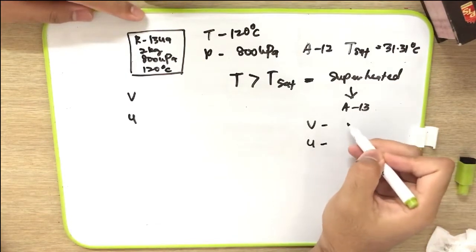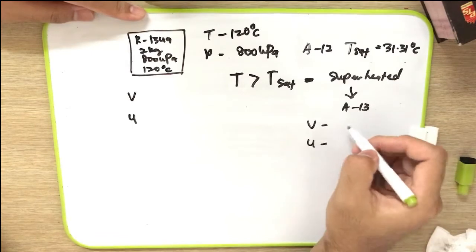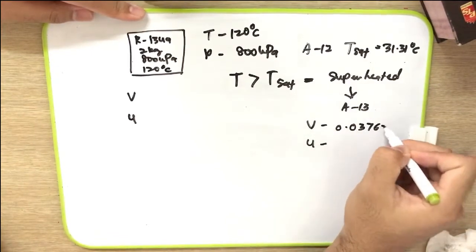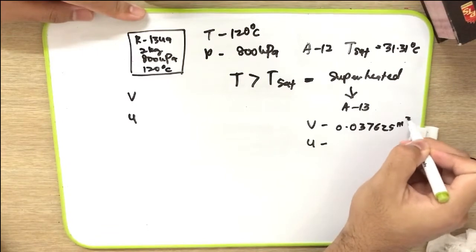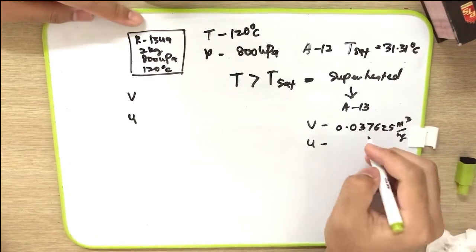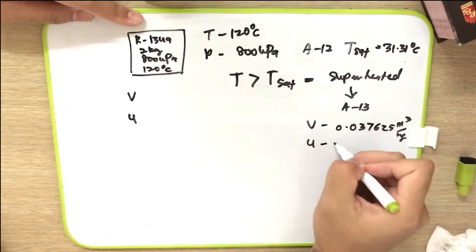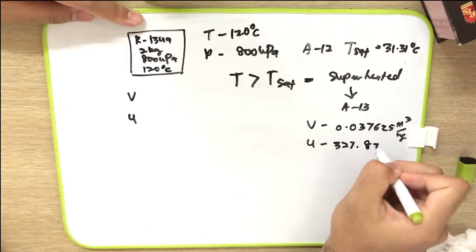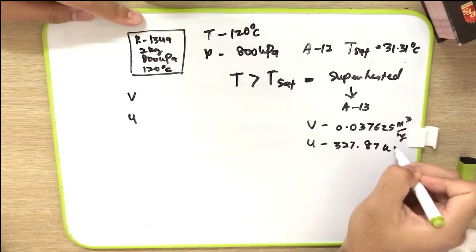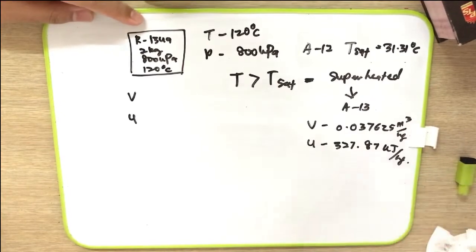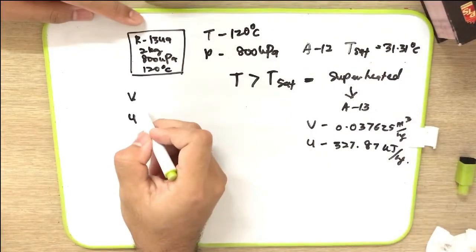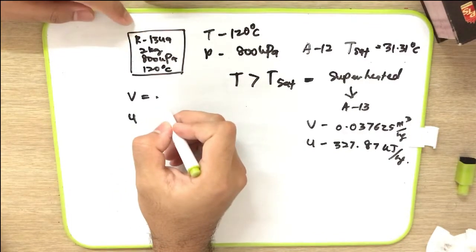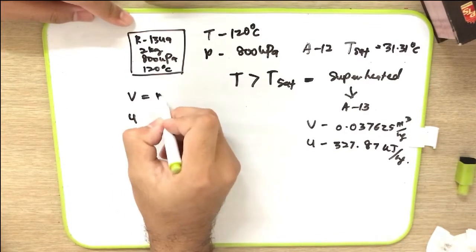So from table A13, specific volume is 0.037625 meter cube per kg. For specific internal energy, it is 327.87 kilojoule per kg. In order to find the volume and also the total energy, we need to multiply with the mass.